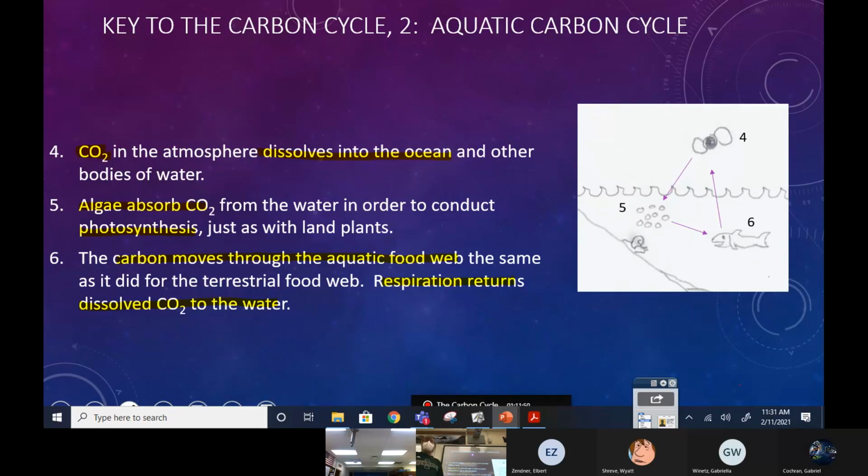It's a very slight change, but it's enough of a change that the creatures that build their shells out of the carbon are having a hard time. The acid prevents the shell from forming, which could suggest that in the future it might be a little more difficult to find tasty scallops and oysters and things like that.